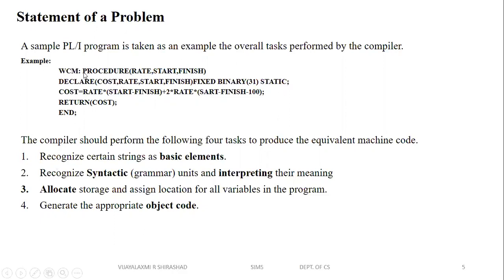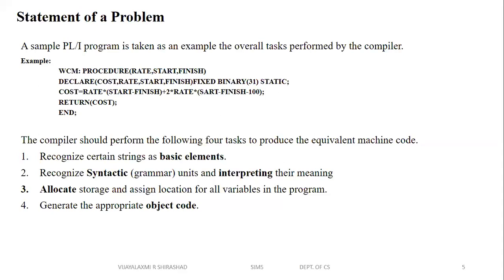The compiler should perform the following four tasks to produce the equivalent machine code. First it has to recognize certain strings as basic elements. After that it has to recognize syntax, that is nothing but grammar. In automata, in theory of computation, you studied grammar. In the same manner here you need to find a grammar used to represent these symbols, which are called syntactic units.